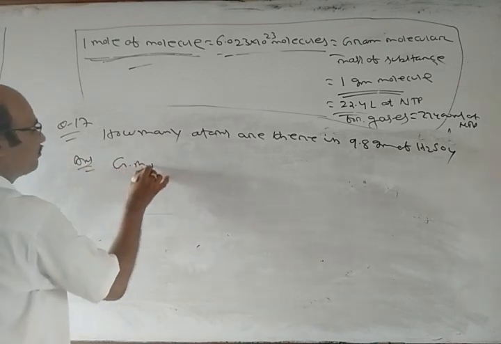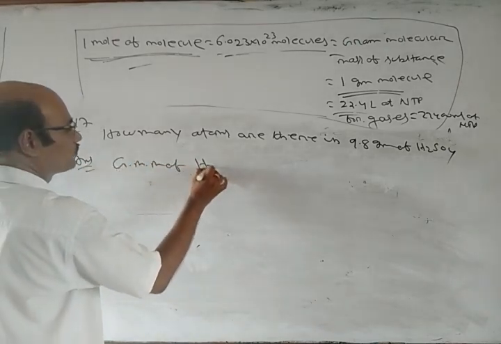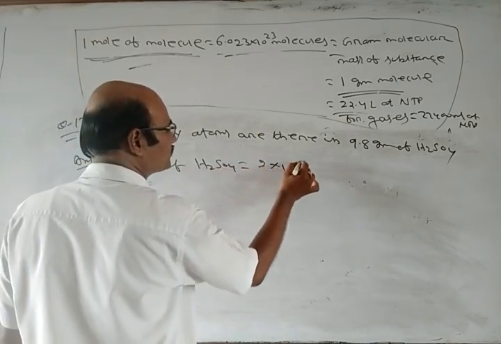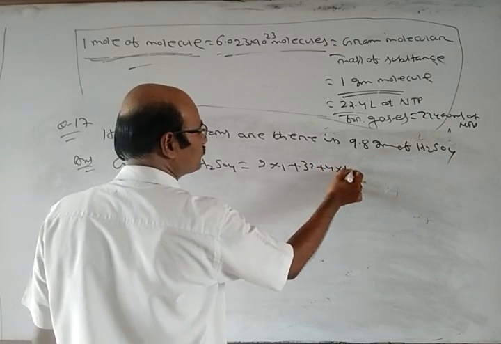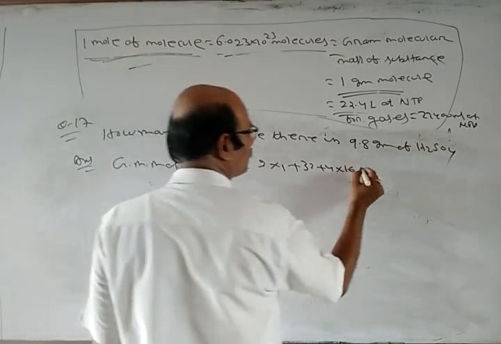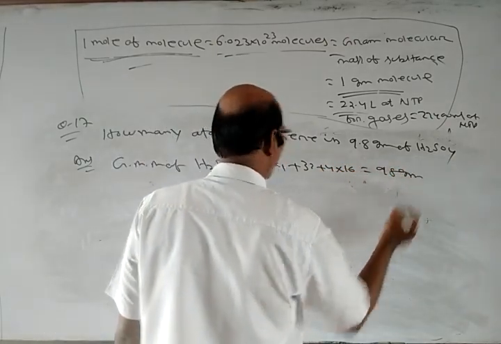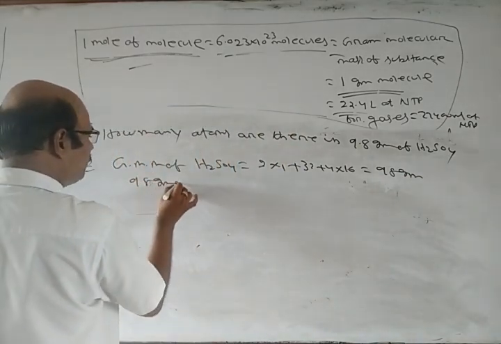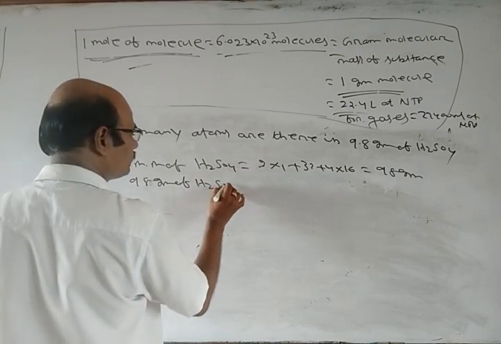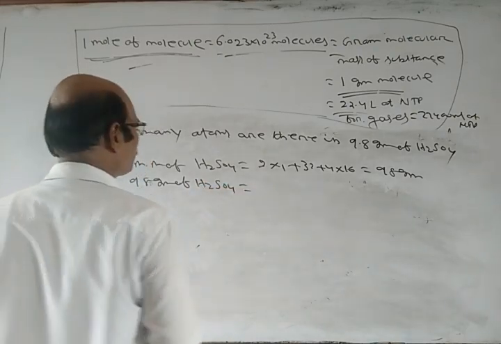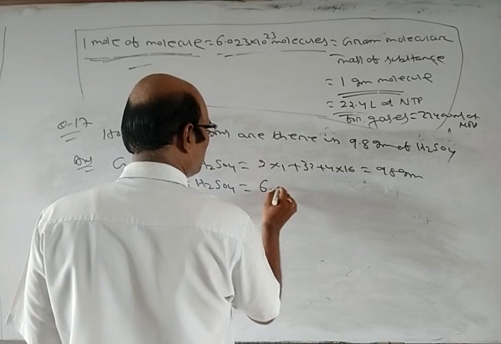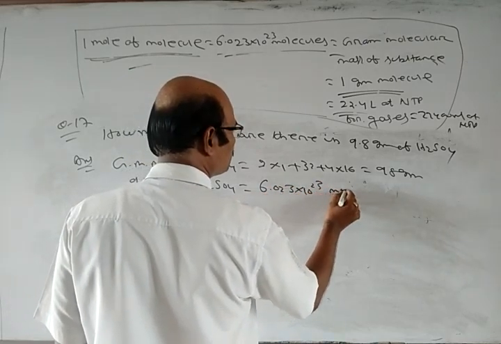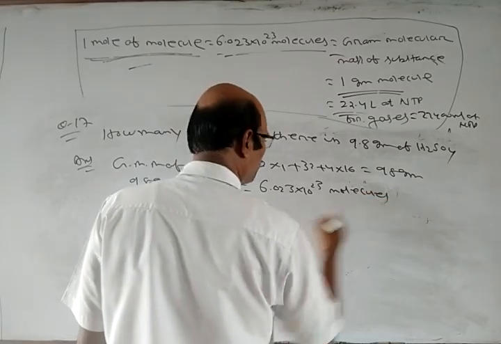Gram molecular mass of H2SO4 equal what? 2 into 1 plus 32 plus 4 into 16 equal to 98 gram. So 98 gram of H2SO4 equal 6.023 into 10 power 23 molecules.